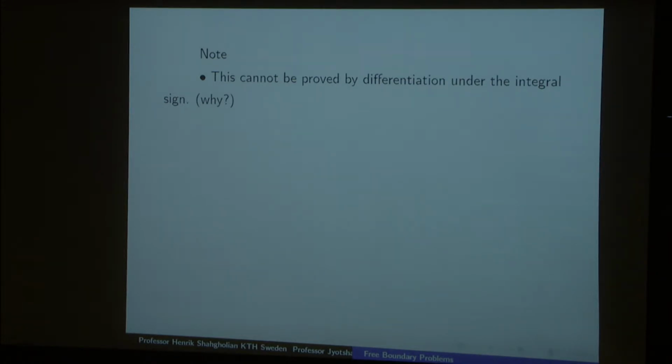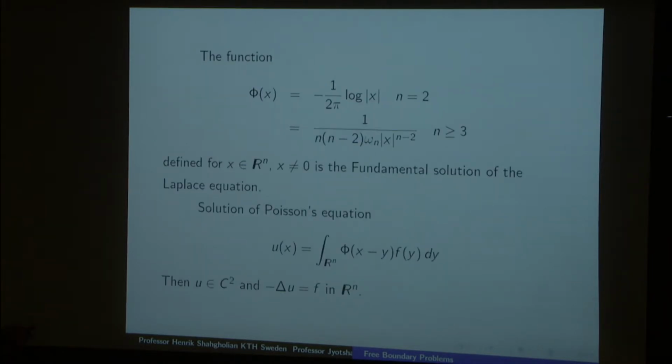If we try to prove that u is C2, it is not just going to be differentiation under the integral sign, because when x is equal to y, you will have a problem.